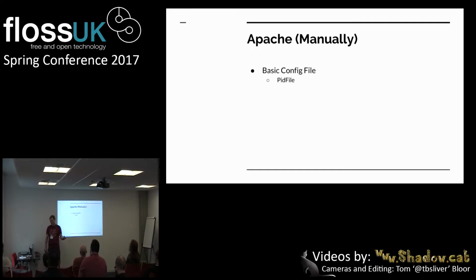That's the PID file listing, config, the listen port, and an include for your modules, as well as 2 basic modules, an MPM module of some description, like prefork, and at least in 2.4, and I think in 2.2, you require auth_core as standard for it to actually start. I think that may have come in 2.4. I can't quite remember. It's been a while since I looked at it, and I just include it by default.